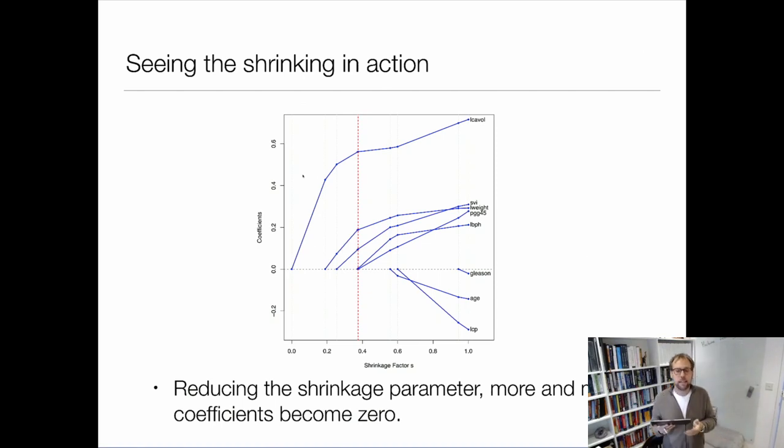I can see as I vary this parameter at the bottom, which is called the shrinkage parameter, that it's effectively a rescaled version of C. It's proportional to C, or inversely proportional to lambda.